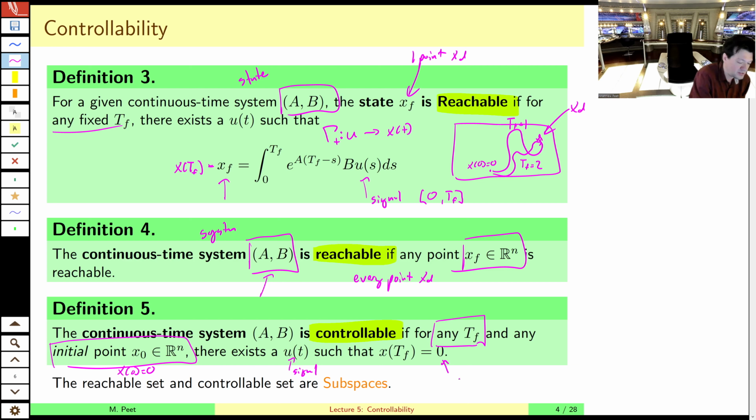So we assume in this case xd equals 0. That's a little bit different. It says that we're starting somewhere else, call it x naught, and we want to be able to get to 0. Well, that's actually a little bit easier, of course, because even if you can't control some states, they are naturally stable. So that seems like it would help. But the problem with that interpretation is that it's actually the stabilizability interpretation, which we won't go into quite yet. We'll get on to it in the next slide.